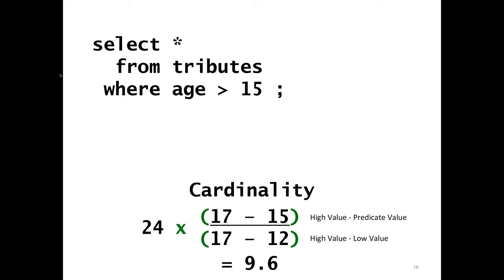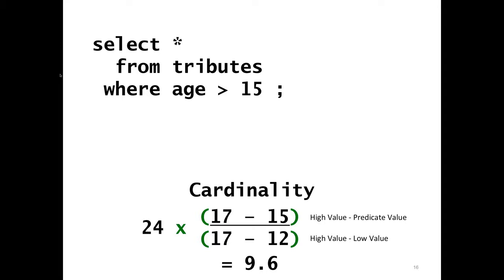The lower half of that calculation also takes the highest value, which is 17, but now it has to say, well, how many values are in the range? So it subtracts from the high value the low value, giving us 5. Now, when you do the math and you say 24 times 2/5, your answer is 9.6.